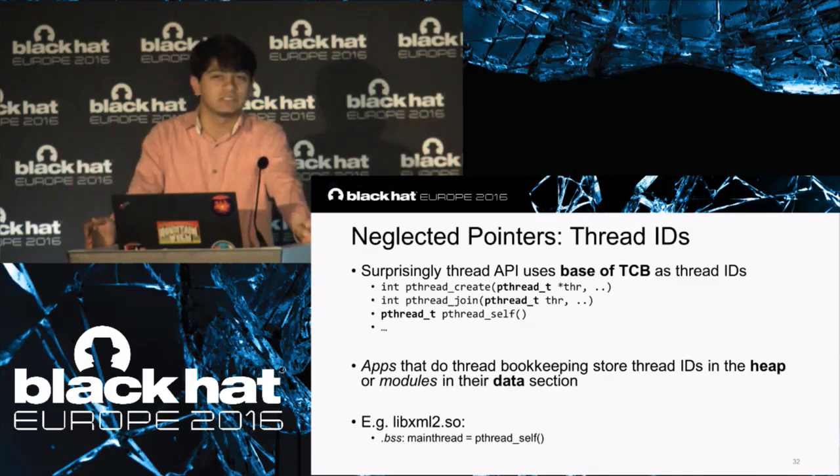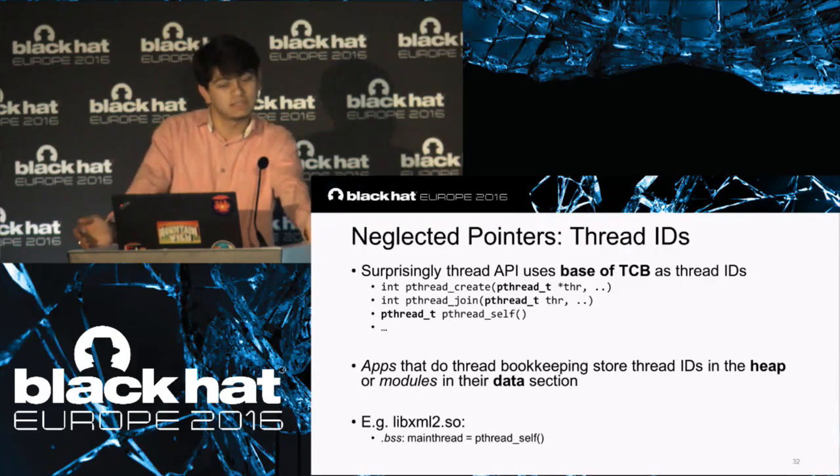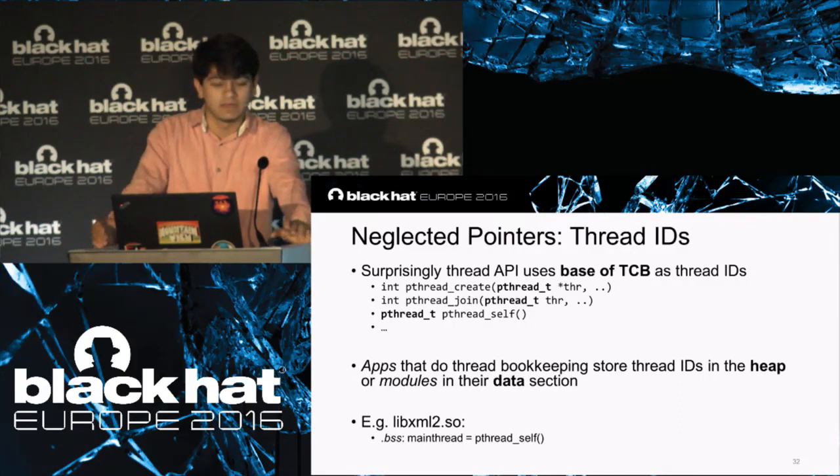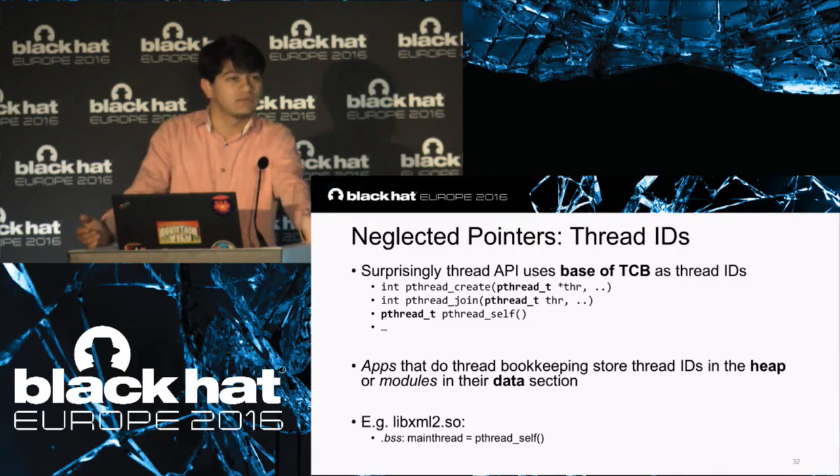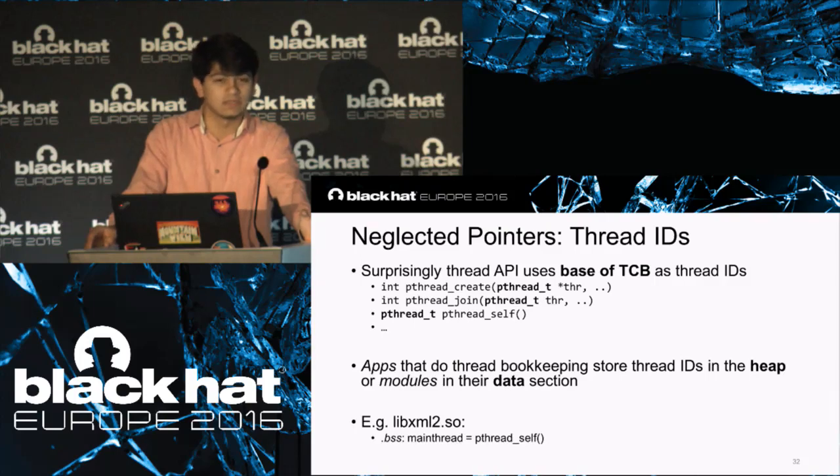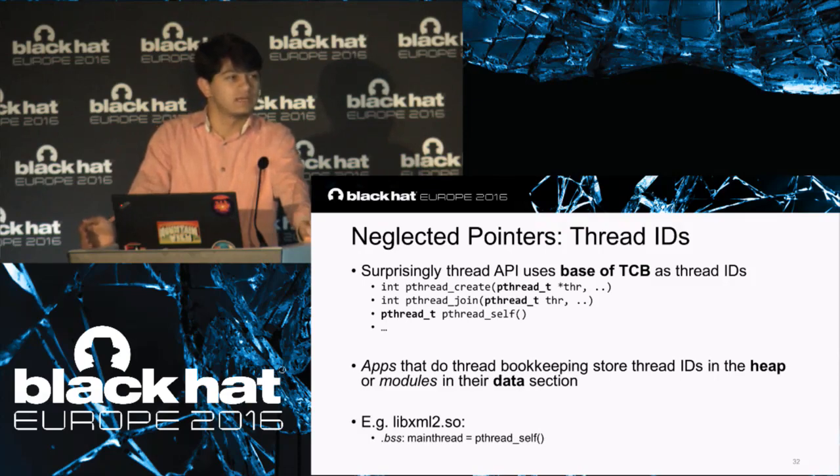It's the address of the thread's TCB. But the TCB is on the stack, so if the application does some thread management and stores the thread IDs in its data region or the heap, it is actually storing pointers to the stack. And this was very interesting.